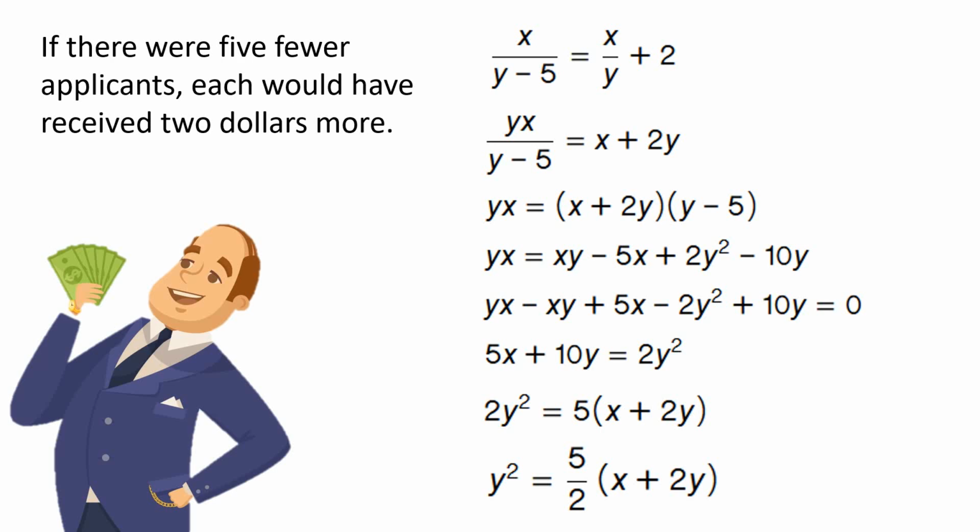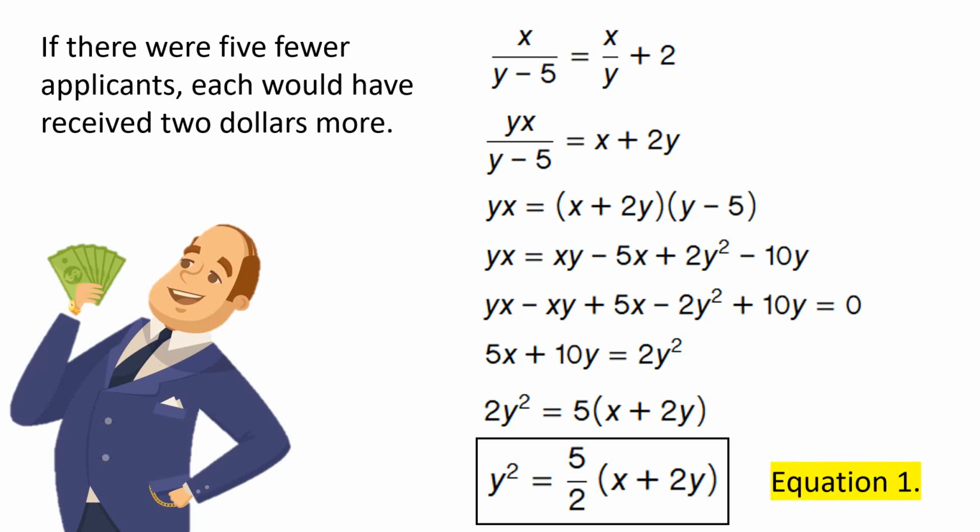We'll take the LCM, which is X plus 2Y divided by Y. We'll take Y to the other side and then multiply Y minus 5 with X plus 2Y. And then we'll open the brackets, and by rearranging, we'll get Y square. Mind that YX and YX will get cancelled on both sides. So the equation that we get is Y square is equal to 5 by 2 times X plus 2Y. So this is our equation 1.